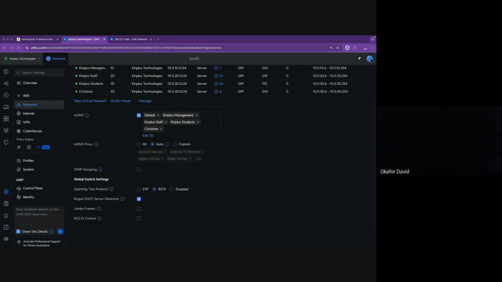Just different IP addresses from the different routers. Okay.